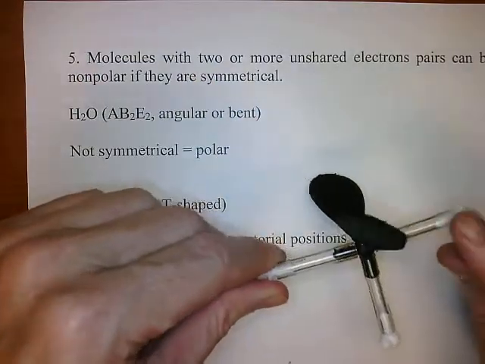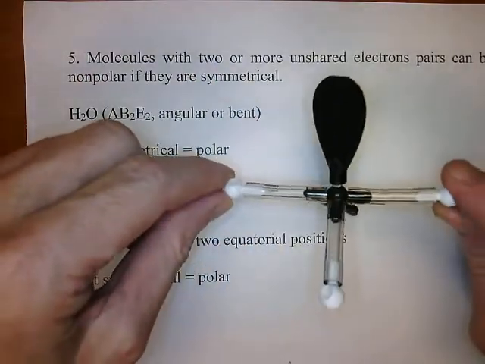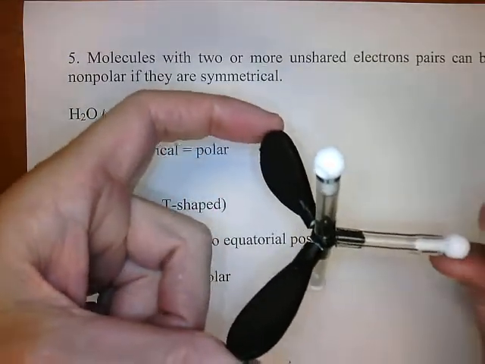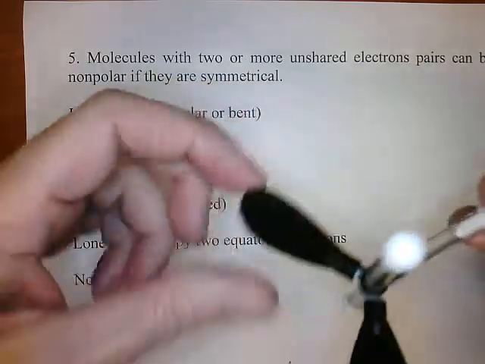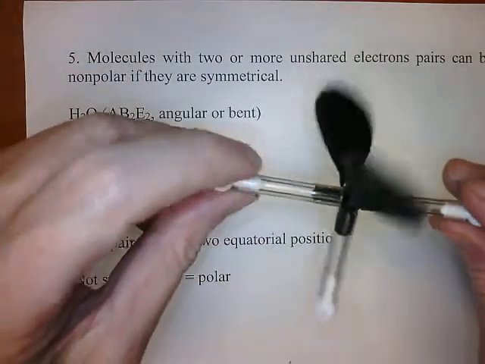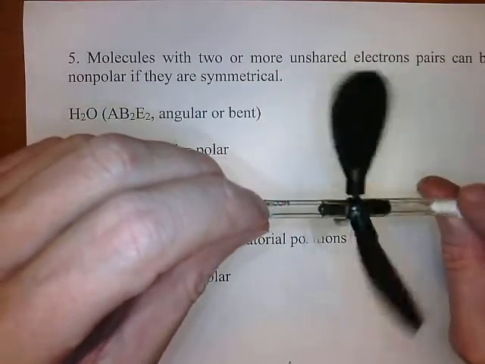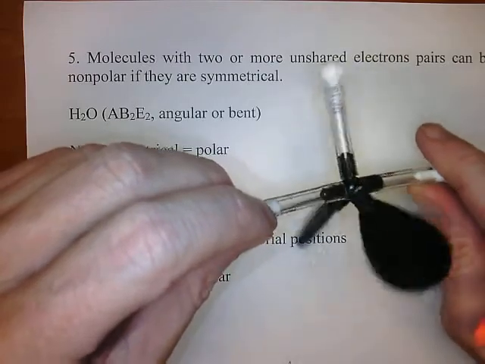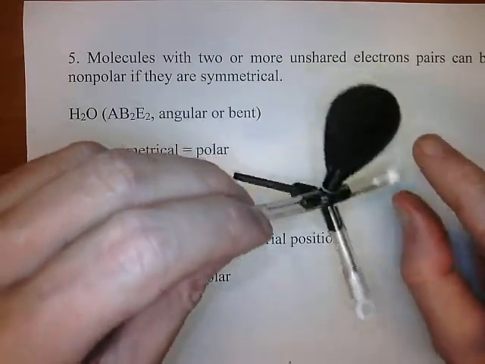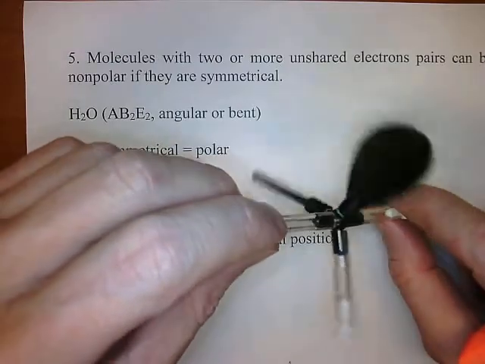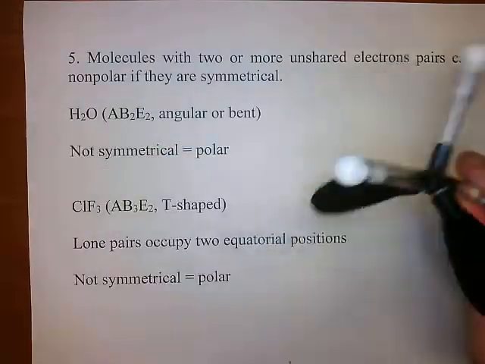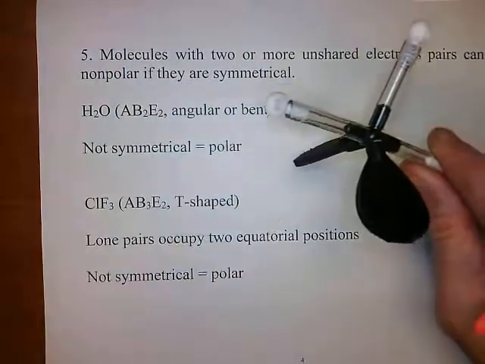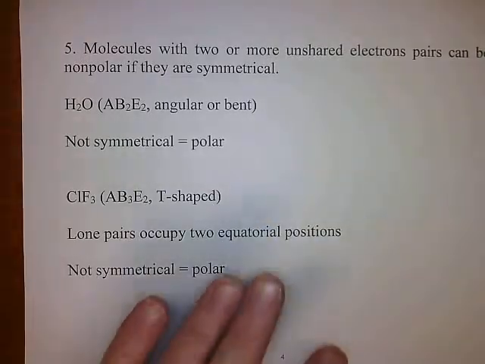So the two axial atoms still balance one another, but the equatorial positions are not balanced because we have two unshared pairs and one atom. We try to spin that around. Again, that's going to be like a fan blade, where one of the blades is a much different size or a much different mass, or it's bigger or smaller than the others. It's not balanced. It's not an even distribution of electrons. In other words, this pull is not balanced by these. Okay, so it's going to be polar.